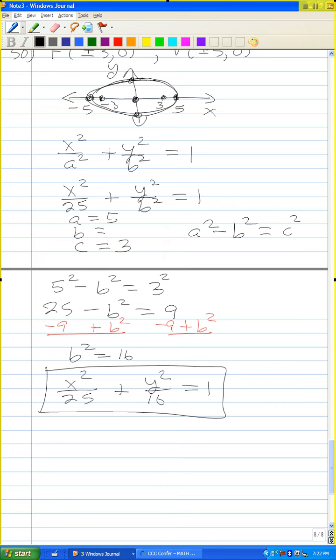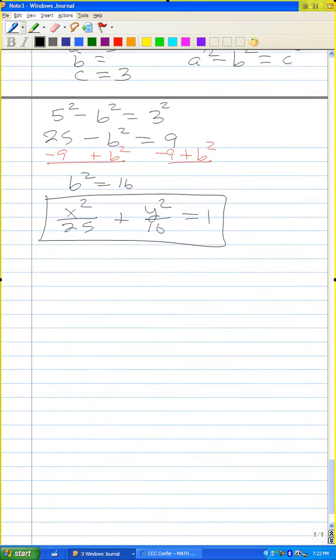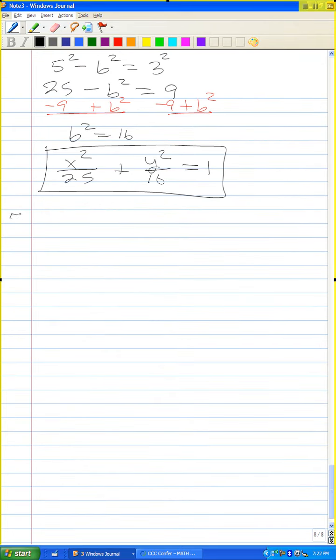Let me do problem number 54. The foci are at 0, plus or minus 1, and two of the vertices are 0, plus or minus 4.